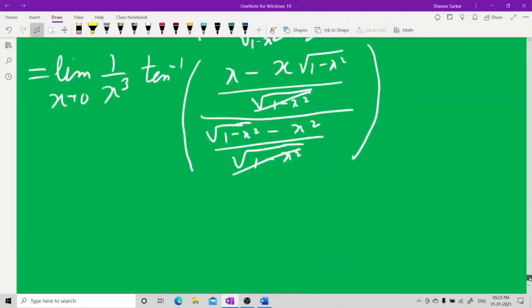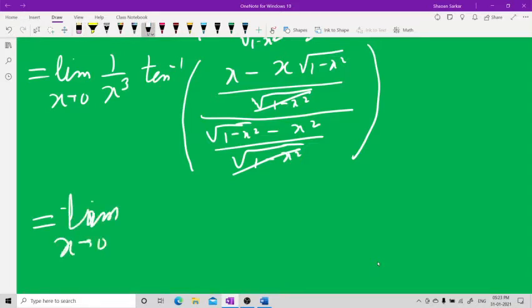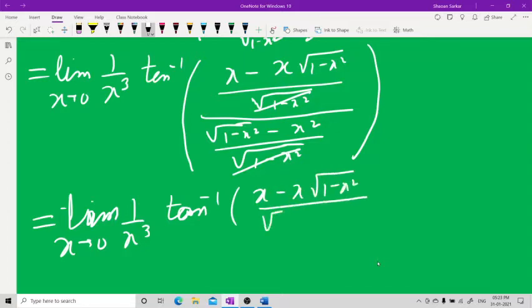Now you are left with limit x tending to 0, 1 upon x cube, tan inverse x minus x under root 1 minus x square upon under root 1 minus x square.